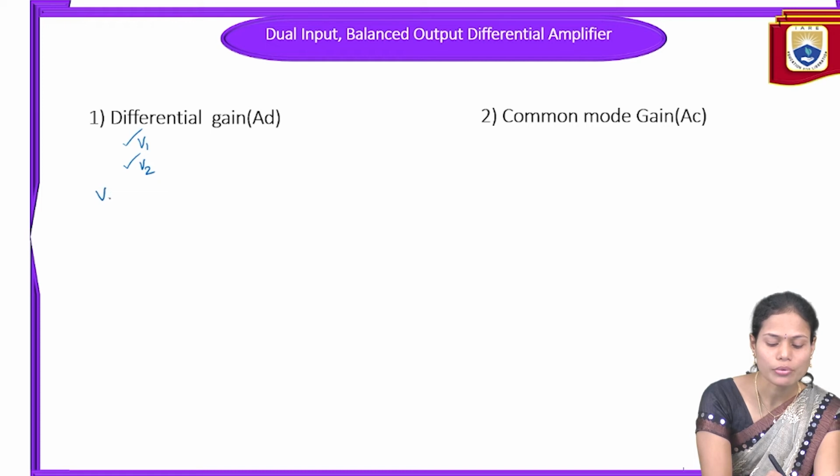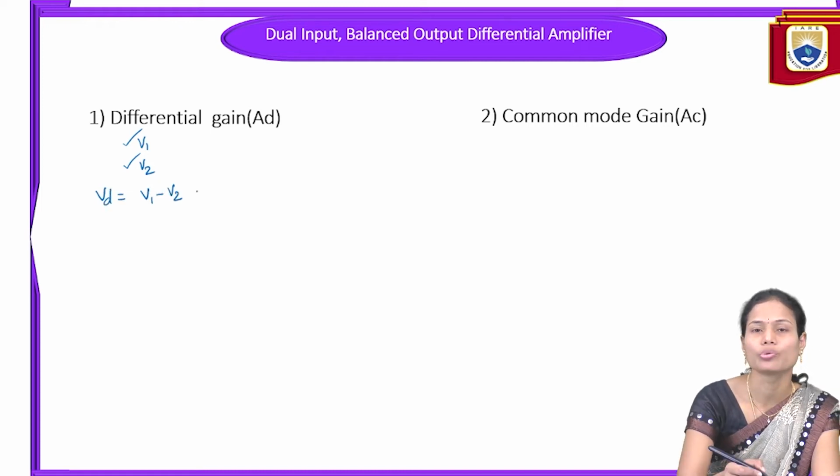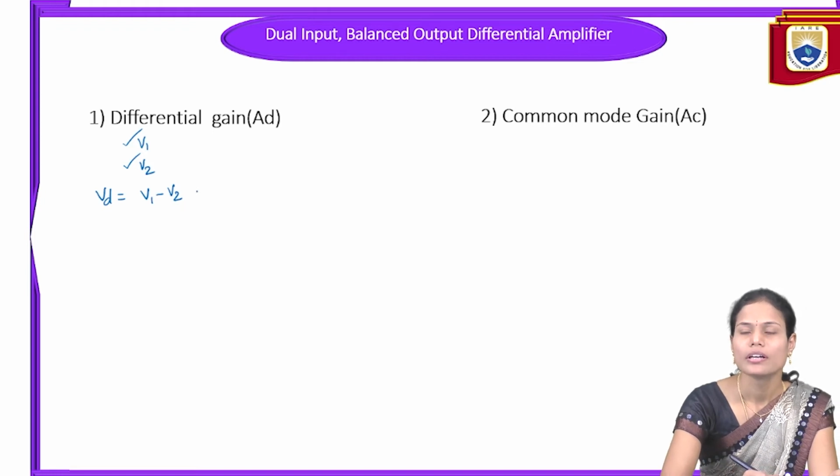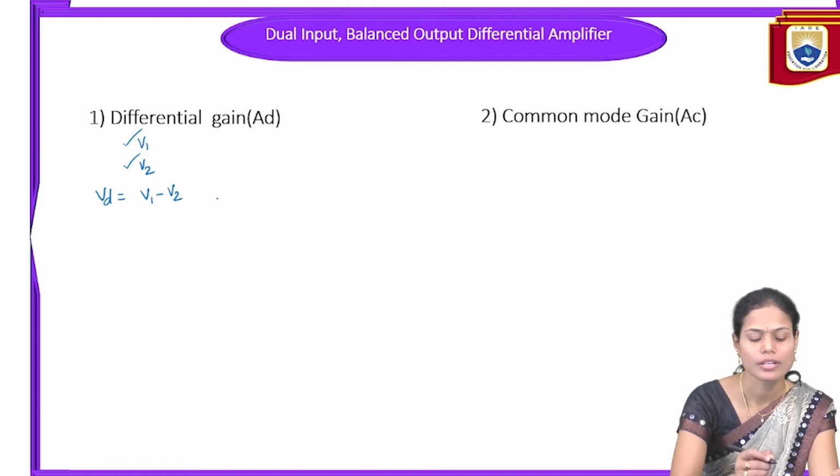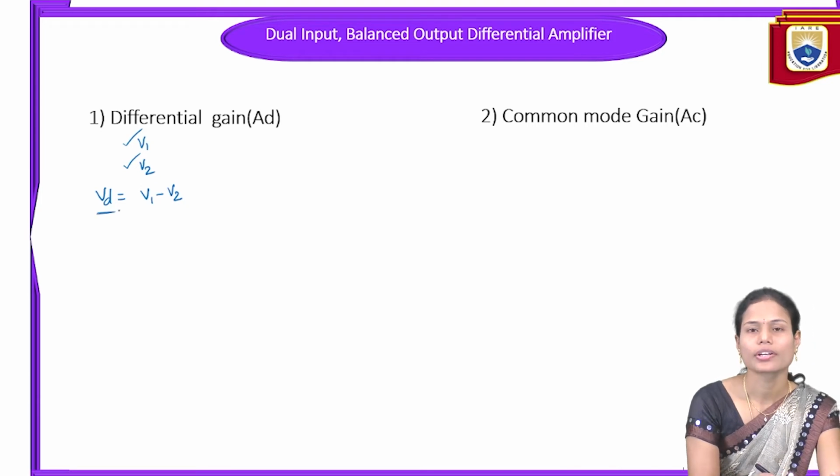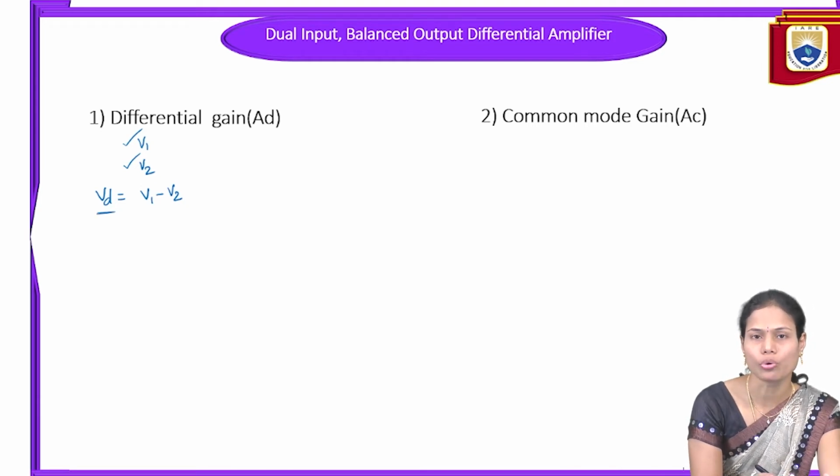So the differential voltage VD is nothing but V1 minus V2 always in the case of a differential amplifier. Even though we are providing the two input signals across the two bases of the transistors, it will amplify the difference of those applied two input signals. That difference we are taking here as VD, the differential voltage.